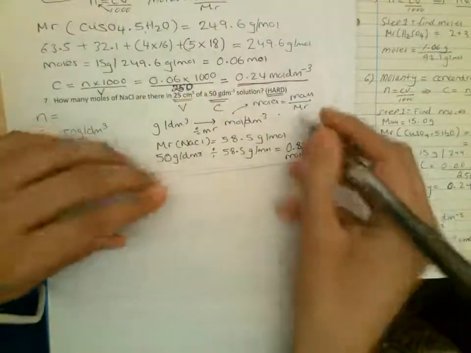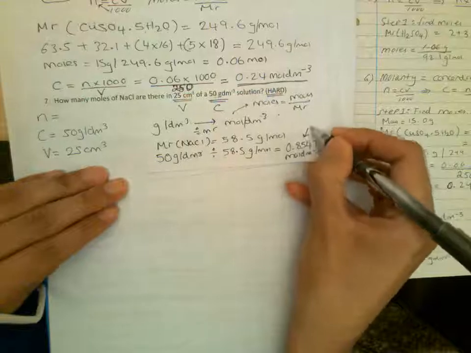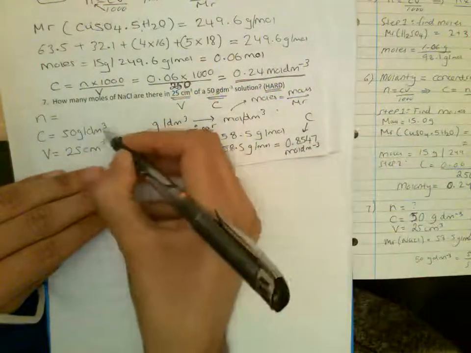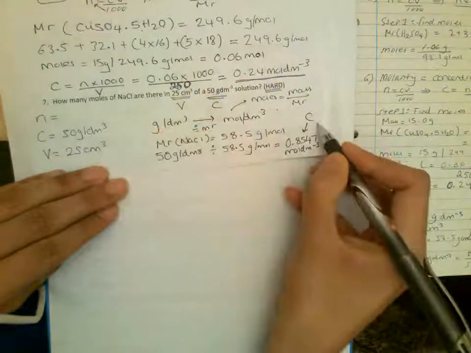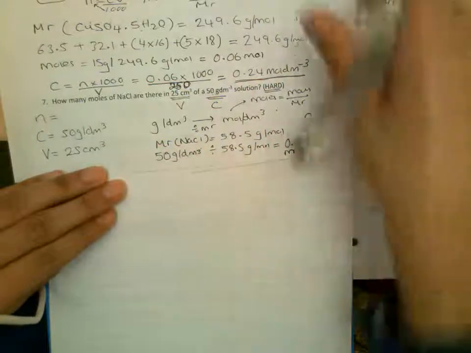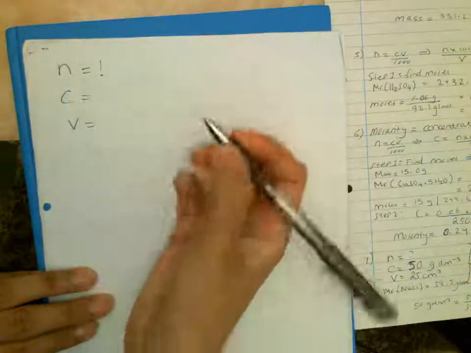So now we've got our concentration that we need. Tick. So we've got a new concentration, which is this. And what we can do is set out our equation again. So N equals C times V. N is what we're trying to find out, so I'm just going to put an exclamation mark there.